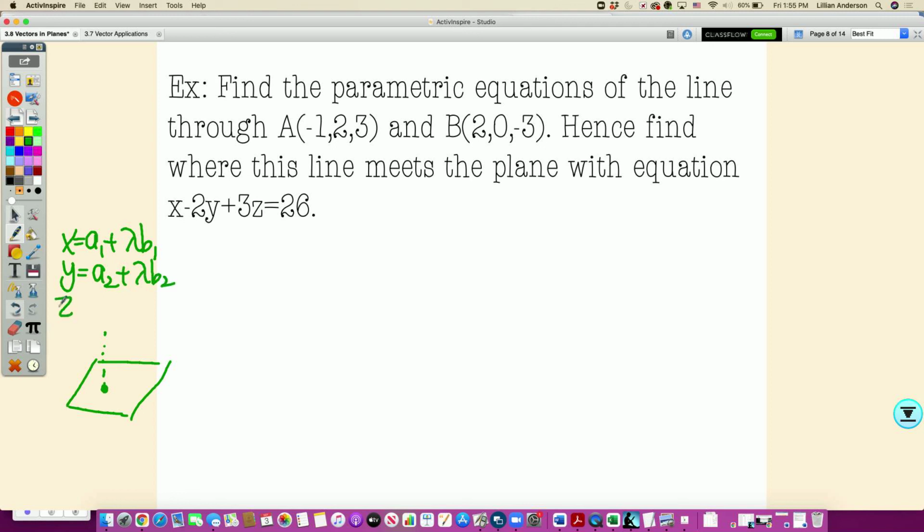So this is what we talked about when we did equations of lines with vectors. And so in order to write the parametric equation, I essentially need to know what the B vector is, and then A is just going to represent one of the fixed points. How did I find vector B?